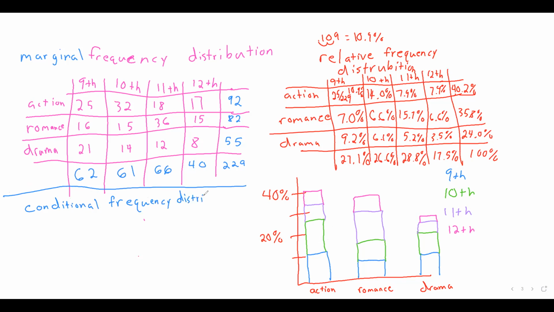And I'm going to be given, in this case, grade level. So make sure to keep relative versus regular frequency. Regular frequency is the numbers, marginal adds the totals. Relative gives me percent based on the total. And conditional gives you percent based on a category.